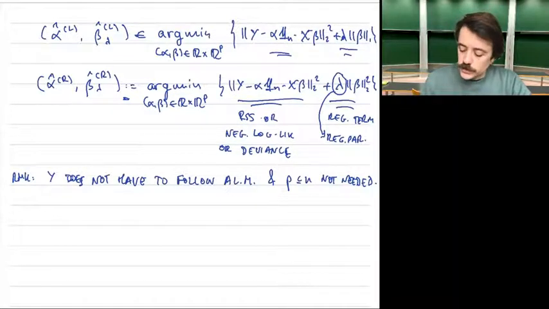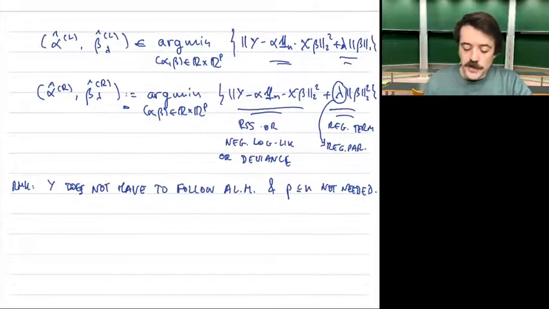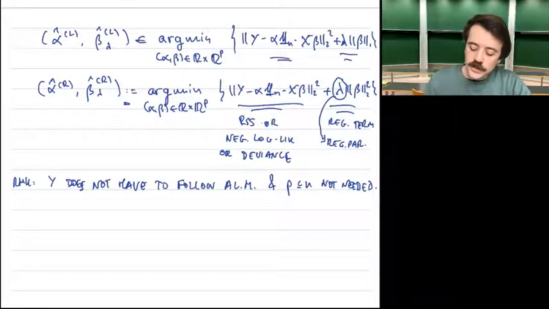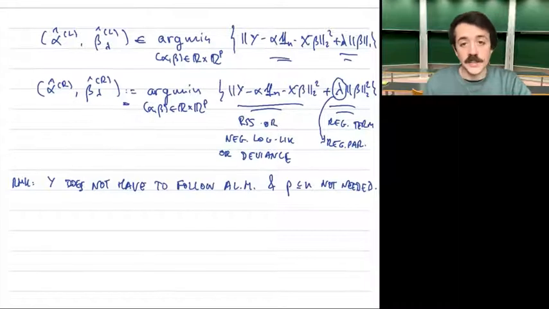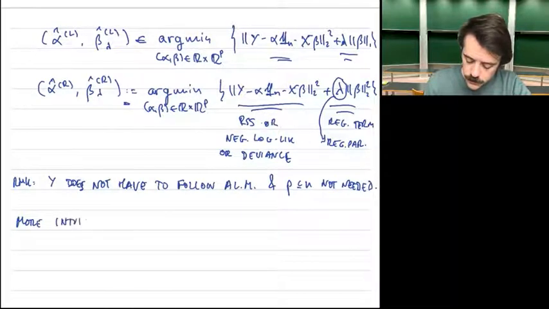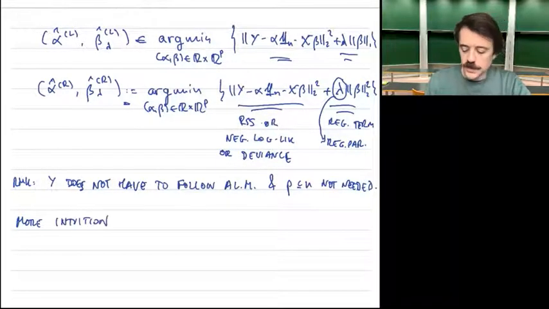Okay, so this is a remark about these two estimators, and let's try to get a bit more intuition as to what each of these two is doing. So, more intuition on ridge and lasso.